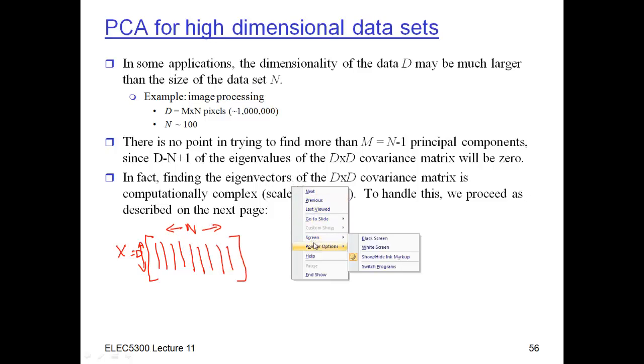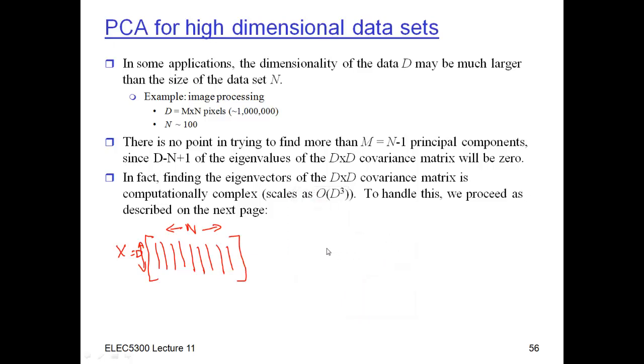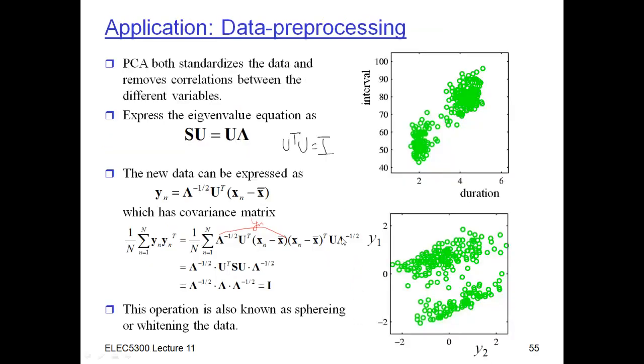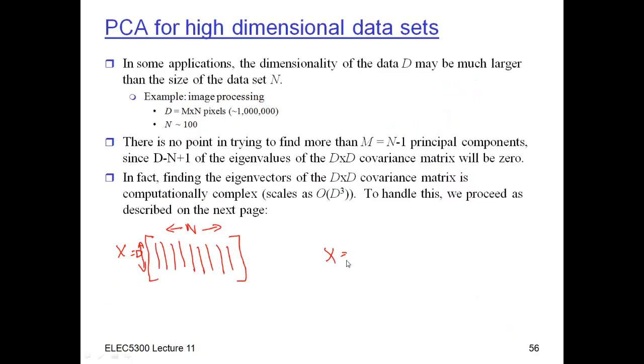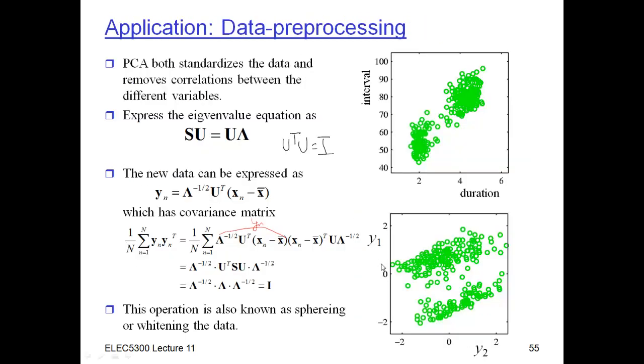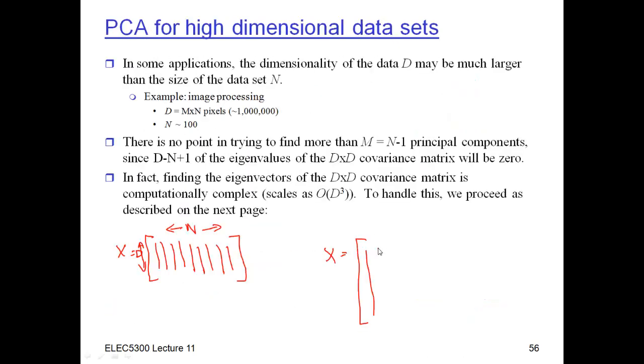In fact, this thing now, instead of being fat, becomes very, very narrow. So X now, the D is very long. I get these very long vectors, but I only have a very small n.